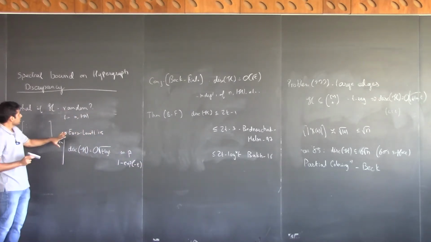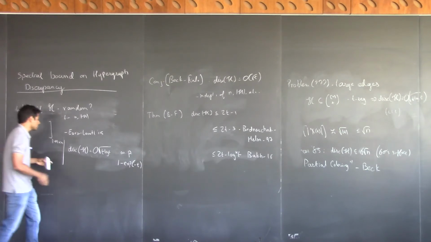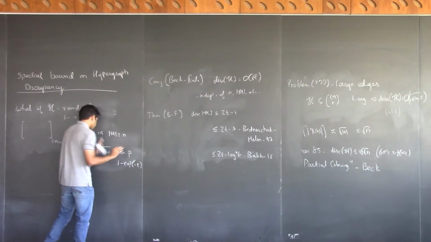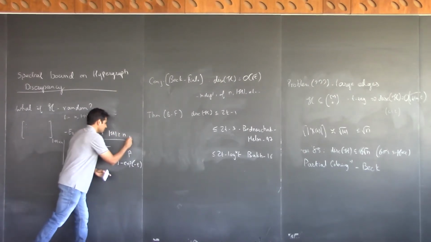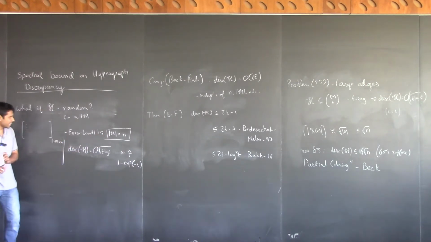So firstly, if I told you t was something like log n, and of course, this is always the condition that we'll be working in. I'll tell you why later, at the end.